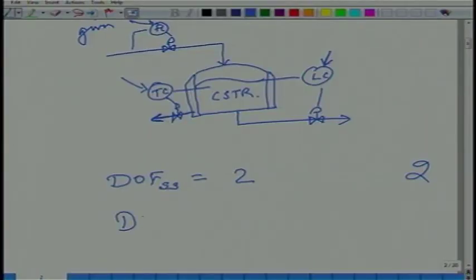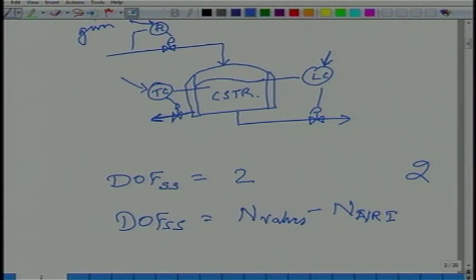So, we need some sort of a modification to the rule, and the modification is essentially: degrees of freedom at steady state is equal to the number of independent valves excluding the throughput, minus the number of non-reactive inventories.